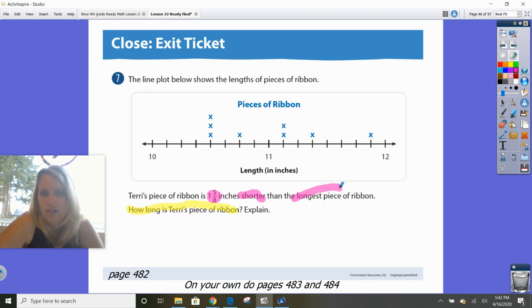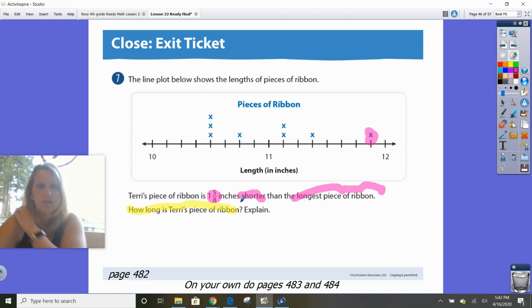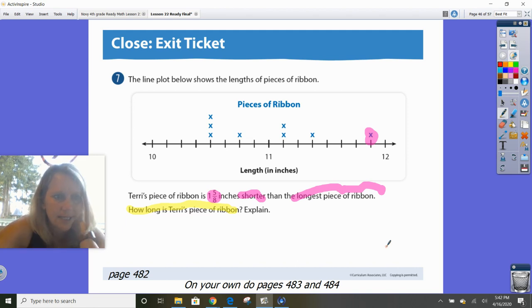Then the longest piece. Okay, so Terry's piece is 1 5/8 shorter than the longest. Longest piece is right here. All right, push pause. Solve it, because it's an exit ticket. Can you do this on your own? Give it a go.